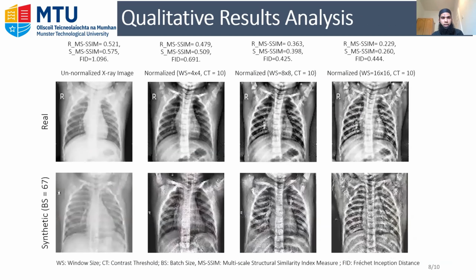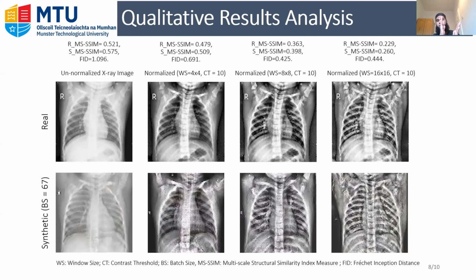So here are the results that we obtained for our work. At the very top, we have the MSSIM score comparison and the FID score. Going from left to right, for unnormalized X-ray images we have a higher FID score.